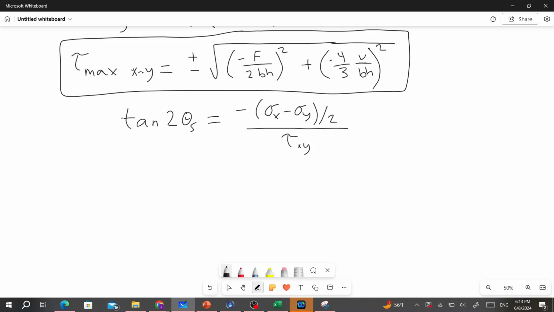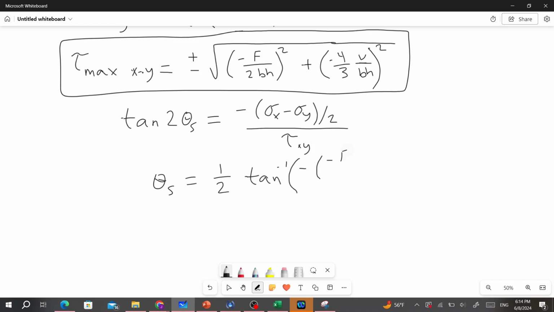Okay, so if we plug in what we know for sigma x and tau xy, we know that sigma y is 0, we're going to have that theta s is equal to 1/2 arctan of negative sigma x minus sigma y, which is just equal to sigma x, which is F over bh, divided by 2, and it's a negative.